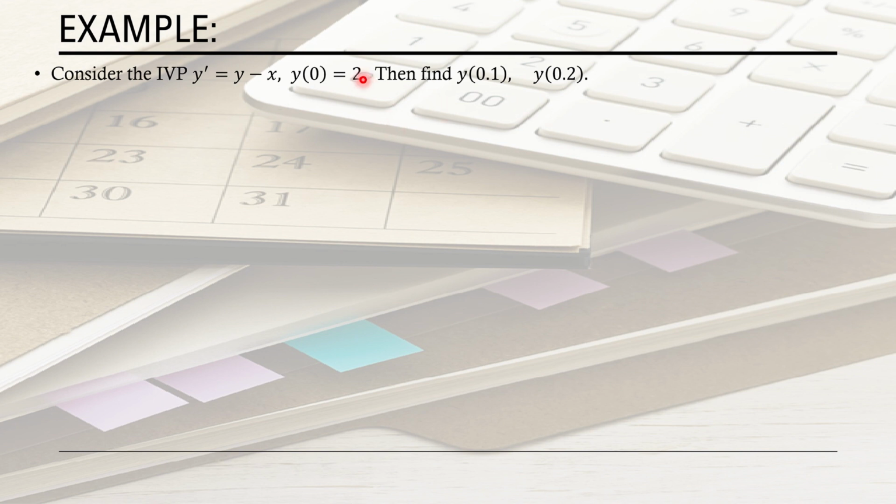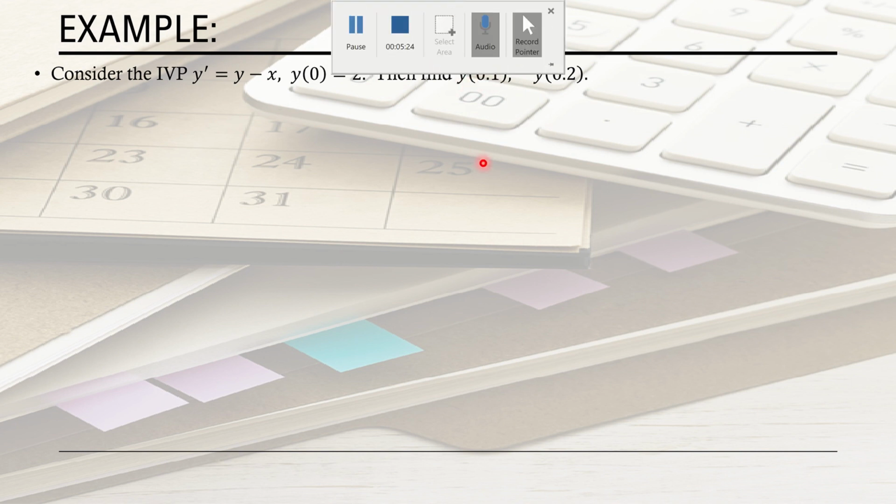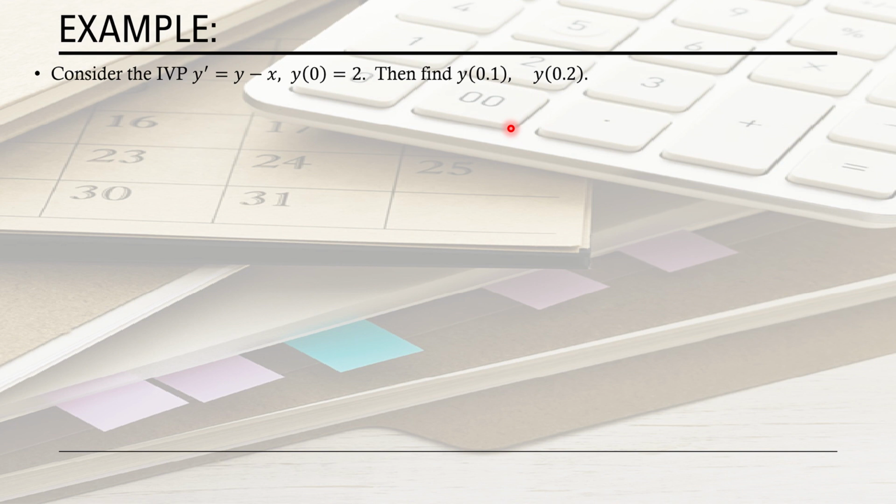In that case, we'll be finding y of 0.05, which is obviously not required in this example, but it will improve the results for y of 0.1. So we'll be finding y of 0.05, which will be our y1. We will be finding y of 0.1, which will be our y2, and y2 will be required in this case. Then we will be finding y of 0.15, and y of 0.2 as well.